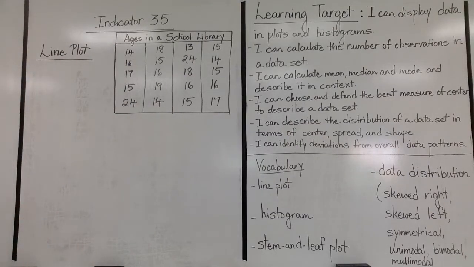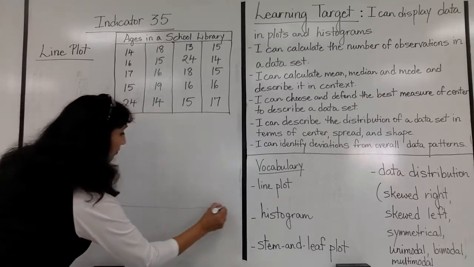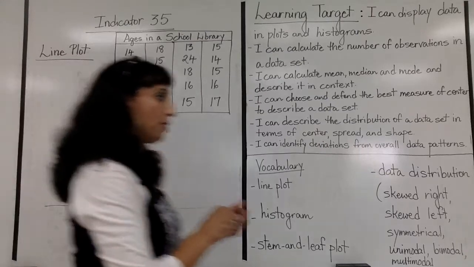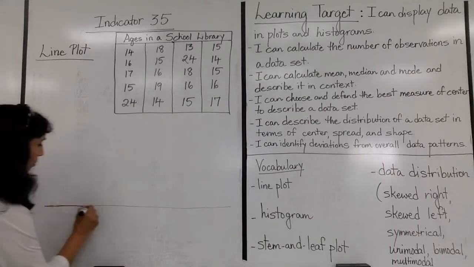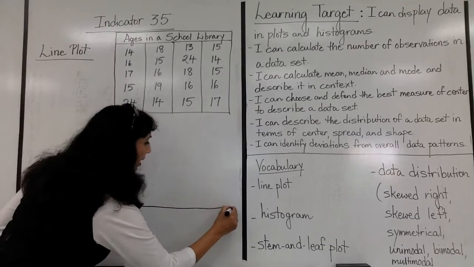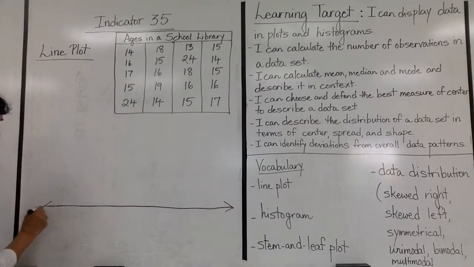In a line plot, first and foremost, I have to have a line. Let me get a better marker than this one. So first thing is, of course, I have to have a line, and you all know how to make a number line. Okay, and there it is.